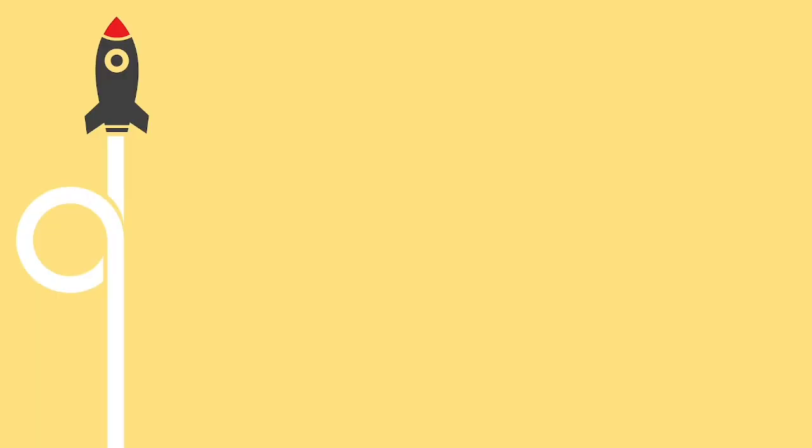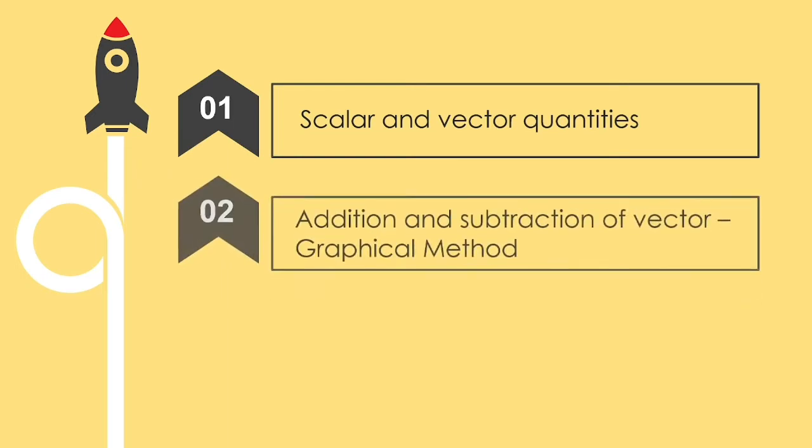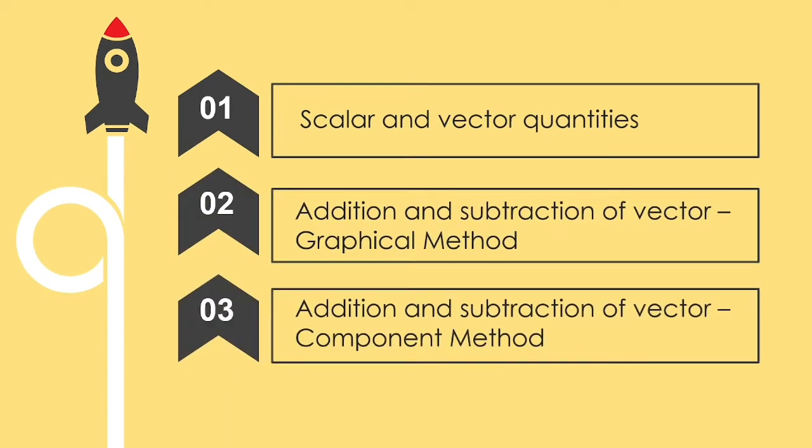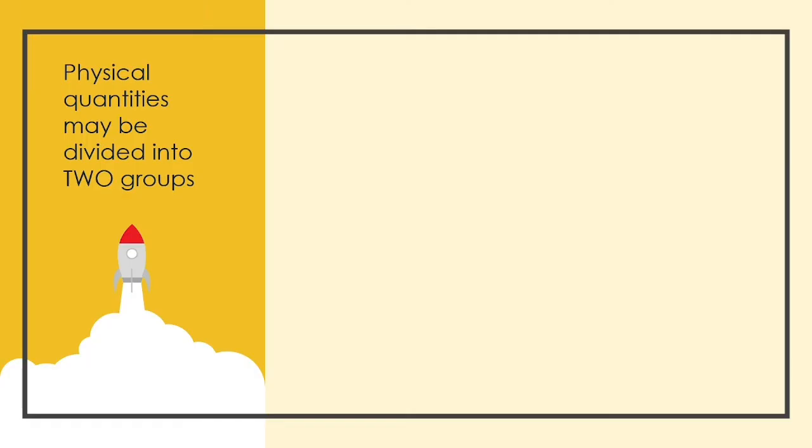In this video, we will discuss part 1 about scalar and vector quantities and vector representation. Let us discuss about scalar and vector quantities. Physical quantities can be divided into two groups, that is, scalar and vector quantities.